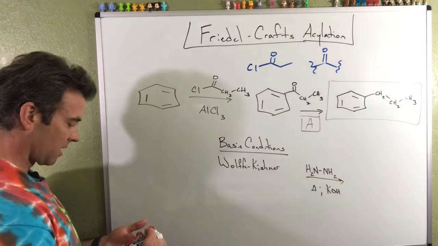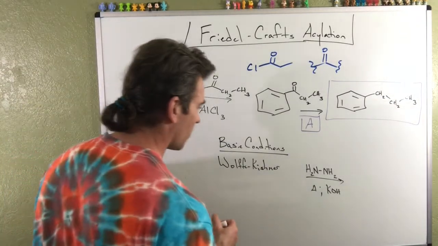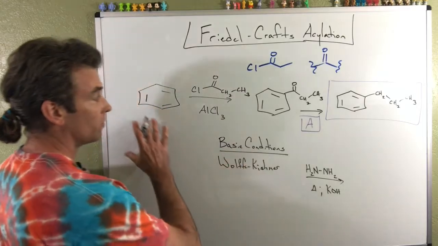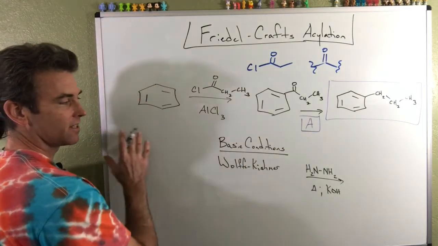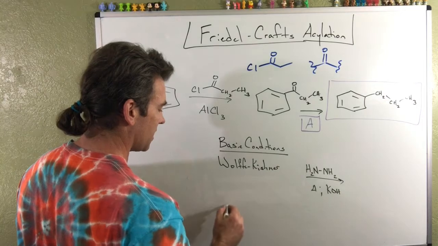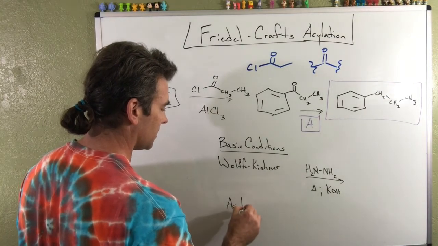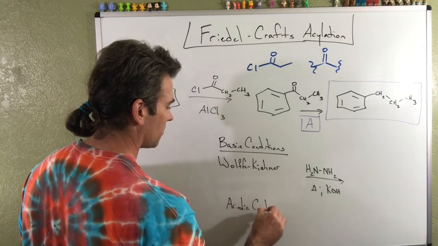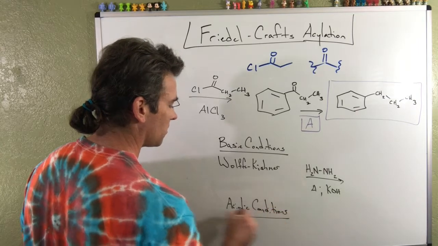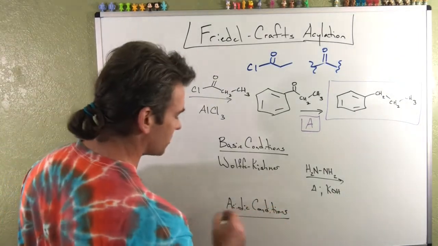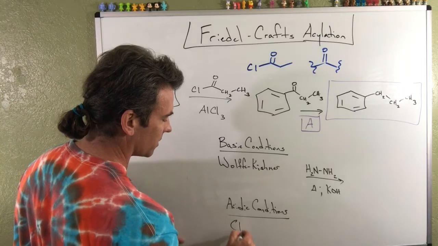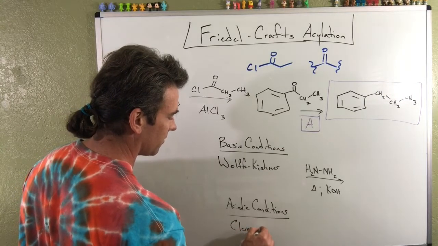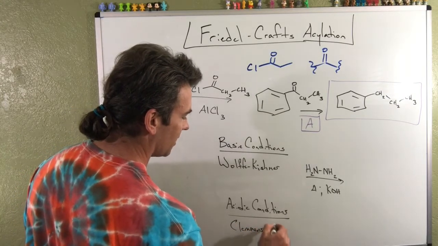The other is, of course, if you have some sort of group that's maybe sensitive to basic conditions on this ring, in that case you'd use acidic conditions. And probably the most common thing that you would see is what's called the Clemmensen reduction. And again, I'm not sure I'm spelling that right.